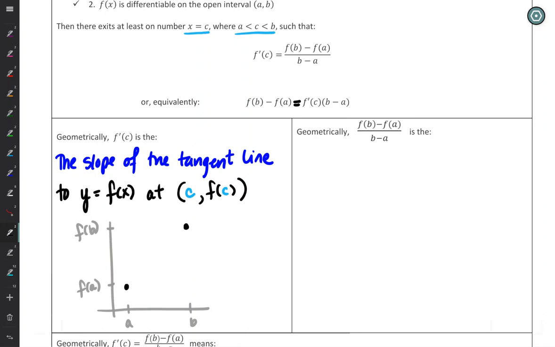And my function, we have to connect those two points nice and smooth and continuously. Well, maybe it looks like that, just as an example. F prime of c is the slope of that line.